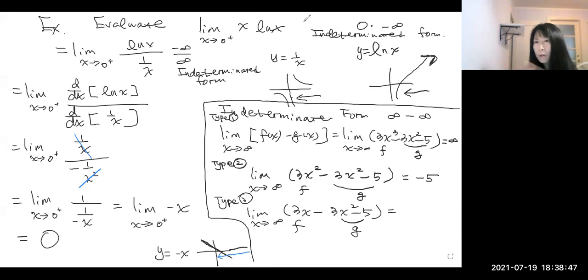Then we don't care about the other things. We're looking at the negative 3x squared because as x approaches positive infinity, that is the much faster one, reaching positive infinity. Okay, then what do you get? We get negative infinity because we have a negative sign in front of negative 3x squared.